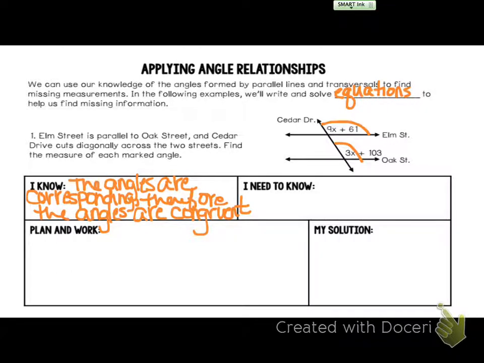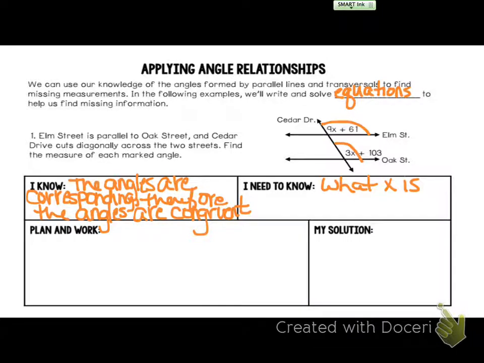I need to know what x is, don't I? And then I can find out the measurement. So I need to know what x is. When I find x, I can plug x back into the equation or into each expression and find it out.